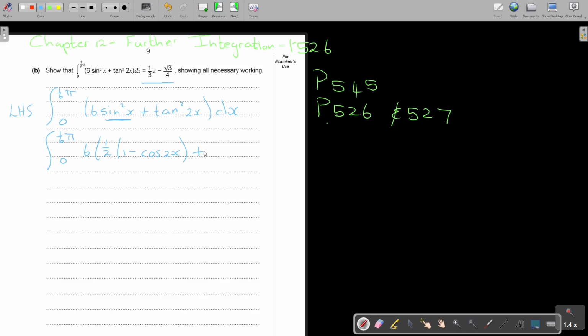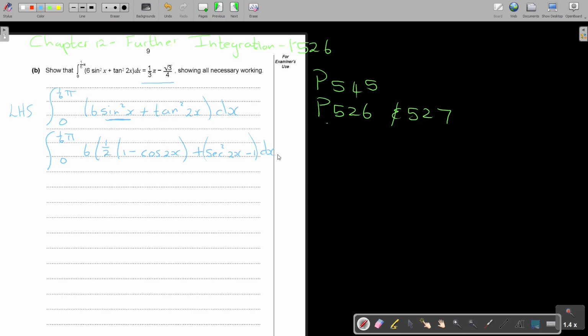And remember it's tan squared, so it will be sec squared 2x minus 1 dx. So just take note, I did not integrate already. I was just using the double angle identities before I went into integration.